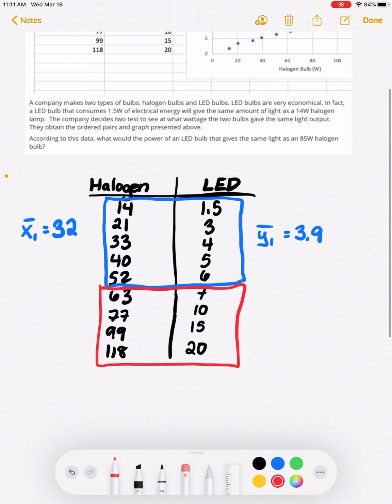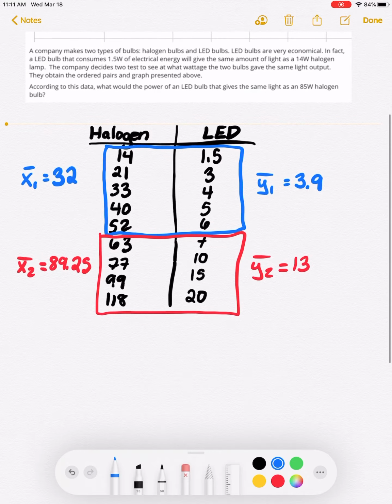Let's do the same with the second half. The average x value is going to be, add those up, divide by 4 this time, 89.25. The average y value, you take those 4 numbers, add them up, divide by 4, you get 13.